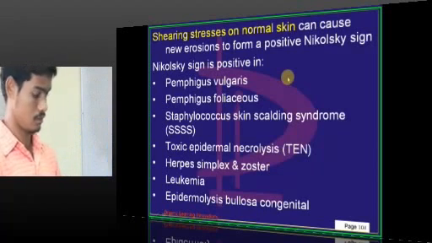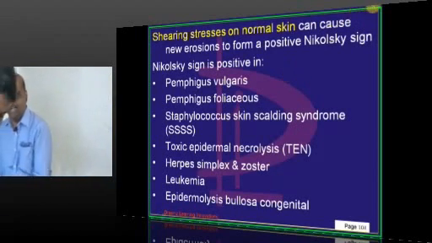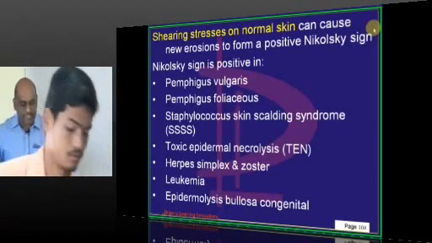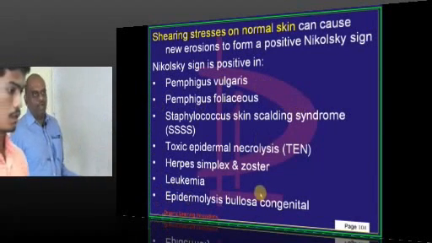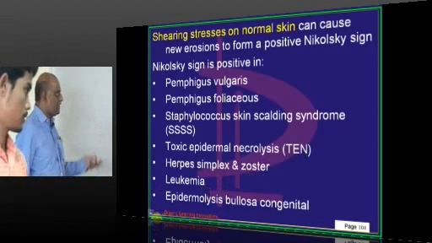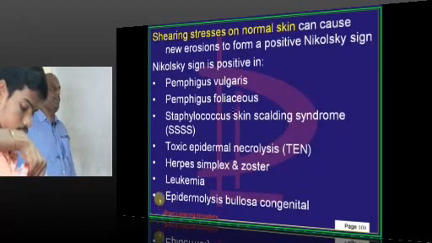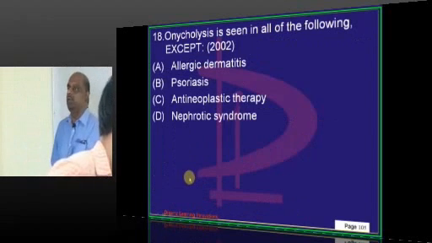Now comes a question, what is the donkey work about Nikolsky? 5-6 conditions where Nikolsky is seen. Wherever acantholysis is there, there is a separation. So pemphigus vulgaris, foliaceus, staphylococcal scalded skin syndrome, toxic epidermal necrolysis, herpes simplex, zoster, leukemia, epidermolysis bullosa are all the entities where you find the presence of Nikolsky's positivity.